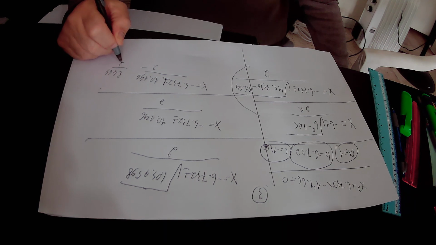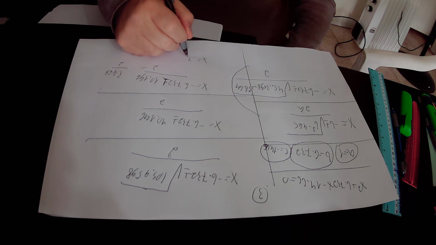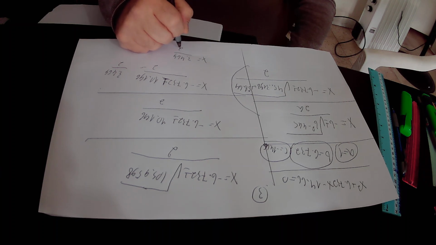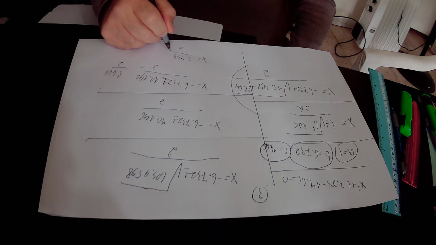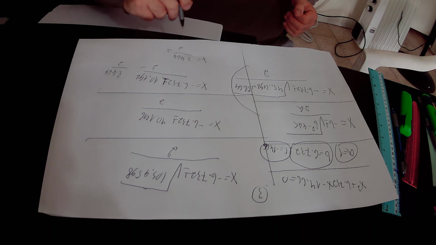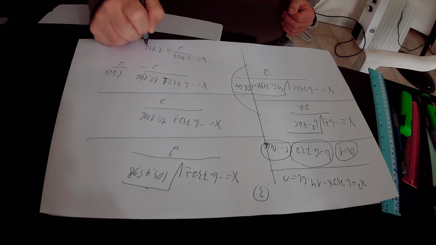3.464 divided by 2. So x equals 3.464 over 2, which is 1.732.